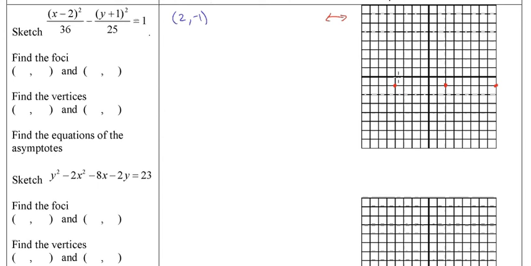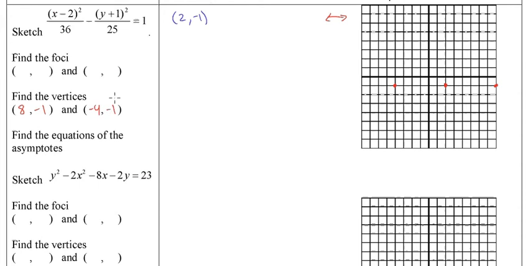So our vertices are at that center x value plus 6, so that's going to be 8. 8 comma, what's the y value? Negative 1. And then the other one's at 2, again our center, so 2 minus 6, negative 4, comma, negative 1.